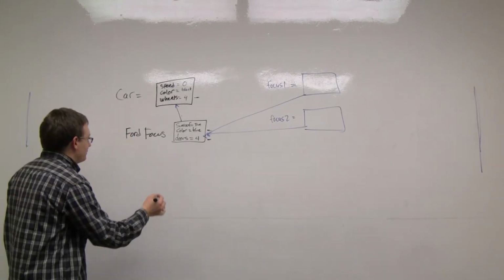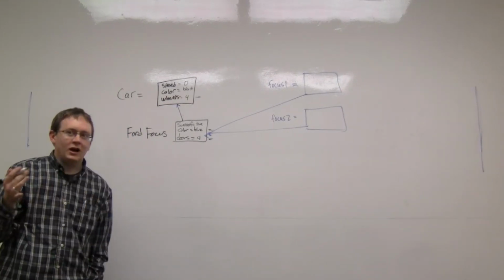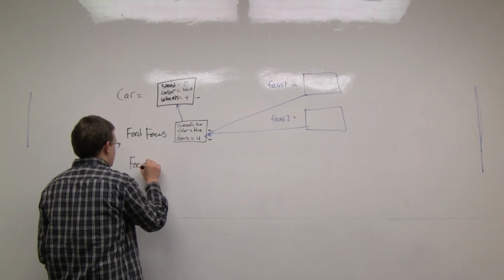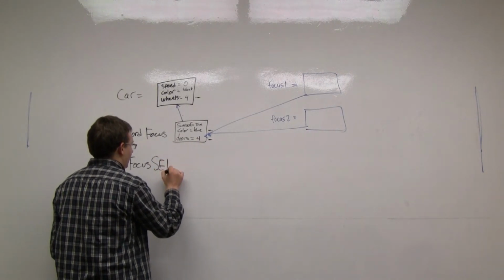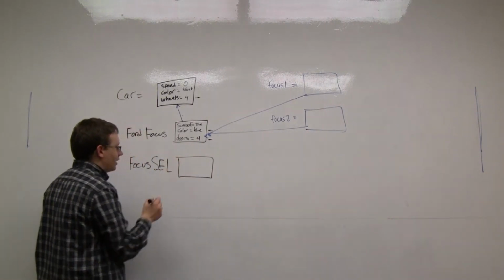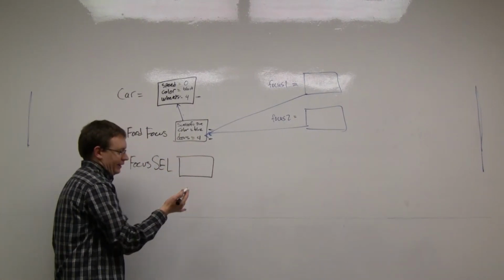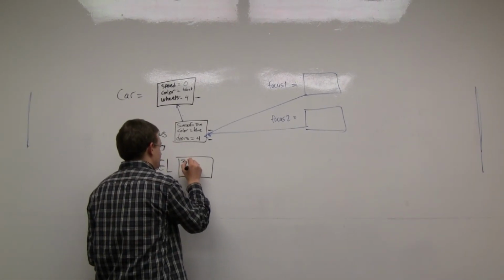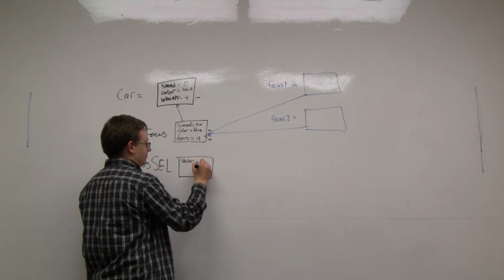Now look at this. There's more than one kind of Ford Focus out there. We could say Focus SEL, the trim package, and this adds a spoiler. A spoiler, yes. How do you spell that? Looks good.